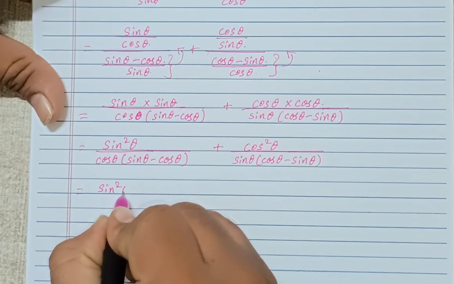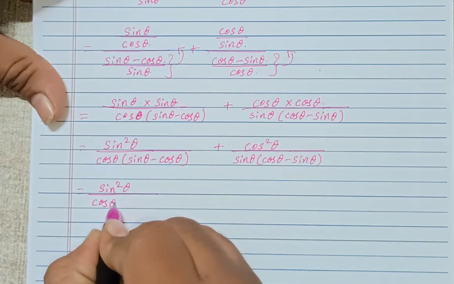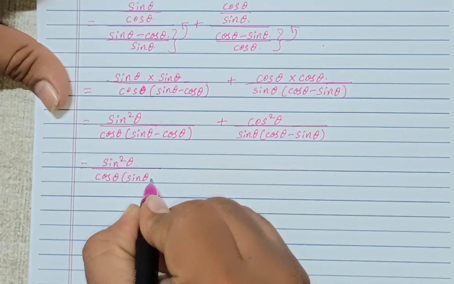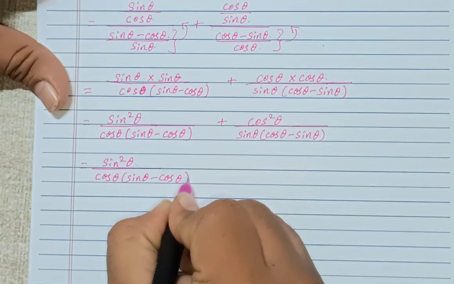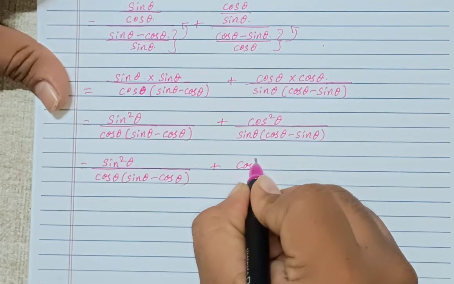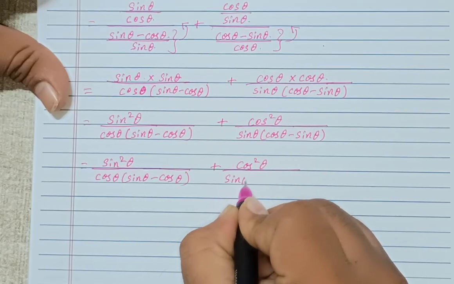First we complete this one: sin square theta divided by cos theta into (sin theta minus cos theta), plus cos square theta divided by sin theta.